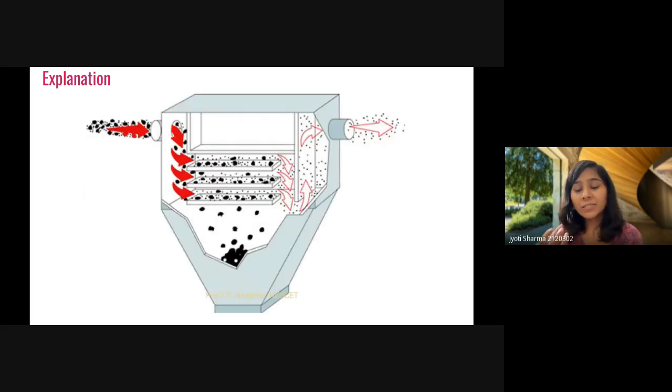The advanced version of this gravity settler is that we place trays one above the other so that the efficiency of the gravity settler can be increased. We will also talk about this, but we can place trays one above another so that the efficiency can be increased.